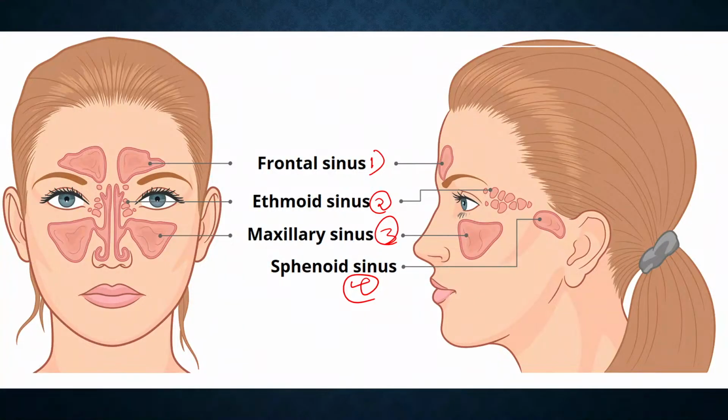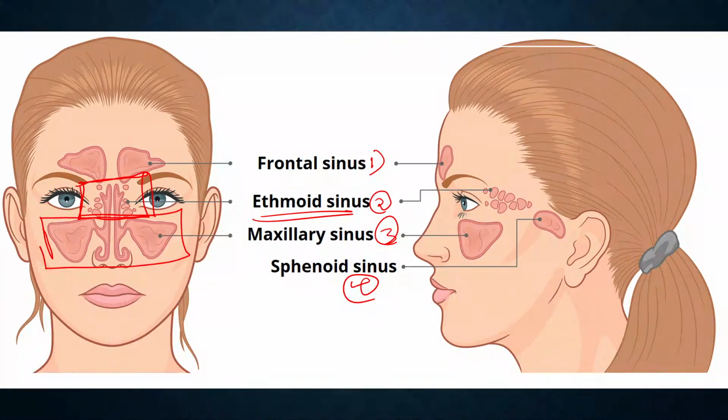Mostly the ethmoid sinuses, these ones here, I'll draw a square, these ones here. So they mostly at times get blocked, and the maxillary sinuses, to those who have allergies, to those probably if you catch a cold or stuff.